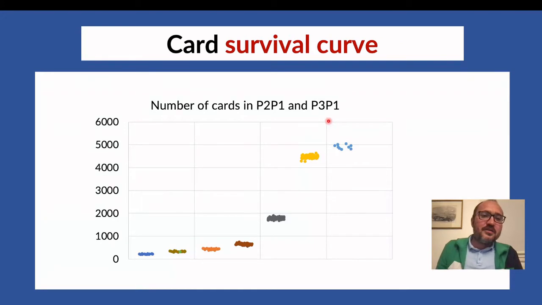So the one problem in making those survival curves for cards from the 17lands data is that we only have the draft data from the 17lands players. So what I did to get those survival curves is an approximation, basically. So I took all the pack 2 pick 1 data and all the pack 3 pick 1 data from 25,000 drafts, I think, if I'm not mistaken.